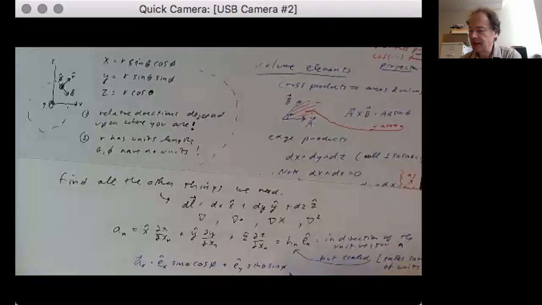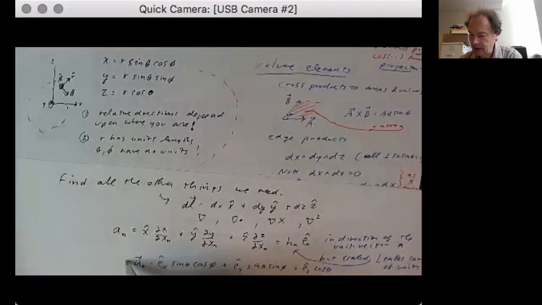Notice I've switched from x hat, y hat, z hat to e_x hat, e_y hat to keep this new notation, so I can write them all with subscripts. And e_z hat has a cosine theta. And this thing here turns out to be equal to, it has the same units as x or y or z, so it's simply e_r hat. The next one, a_theta, is going to be equal to r times e_theta hat.